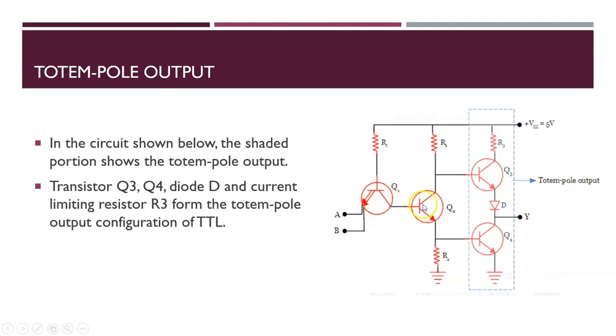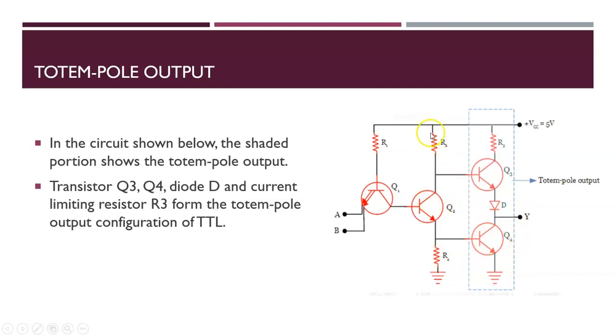The base current of transistor Q2 is moved through the collector and passed over, so there is no current at the base of Q2 and it is off. When Q2 is off, at the same time transistor Q4 is also off. Why? From the emitter there is no current, so certainly Q4 is off.